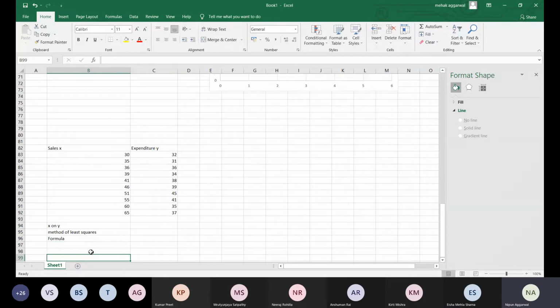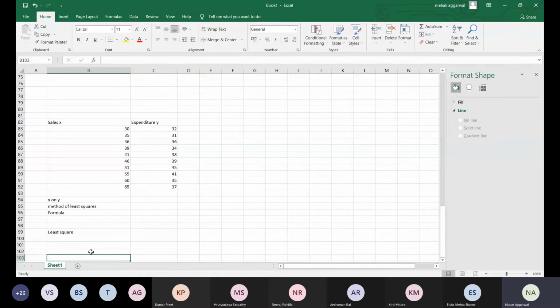So as I have told already, the general line of x on y. First we'll start with the least square method. The least square method says the general form of the x on y line is... I have told you the general regression line of y on x, which is y is equal to a plus byx x. Now what is the general line of x on y?